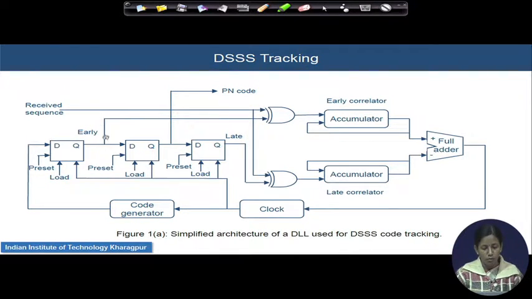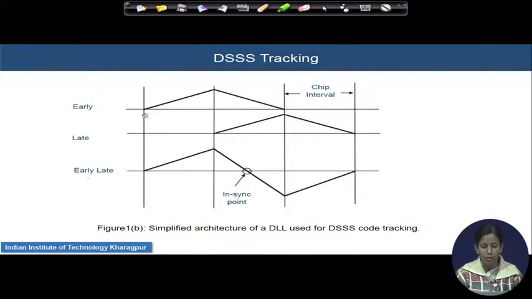We will think of a situation when this early code and the received sequence are both in sync, so they are perfectly matching in phase. Then the output of this accumulator, the early correlator output, I will be able to see like this: the early gate output will slowly increase over the chip interval, and then in the next chip interval it will slowly come down.